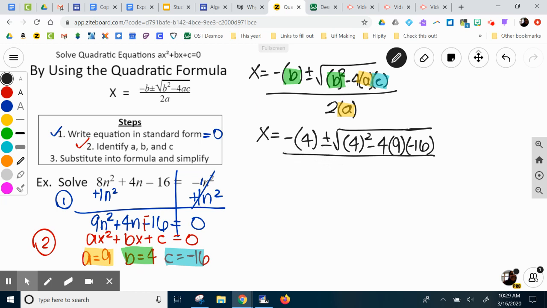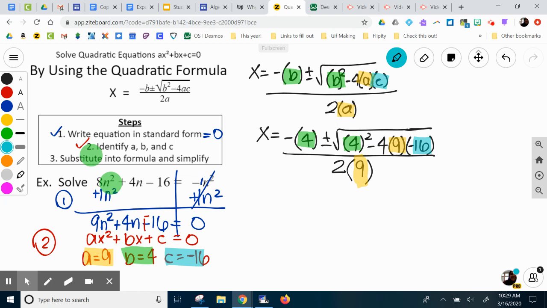All over, all the way up to the equal sign, 2 times a, which is 9. And I always go back and double check that I did all of my numbers correctly because I'm a human and I make mistakes. So my a's are both supposed to be 9, success. My b's are both supposed to be 4. Yep, that works. And then finally my c, my one c, is negative 16. Okay, it all worked out.